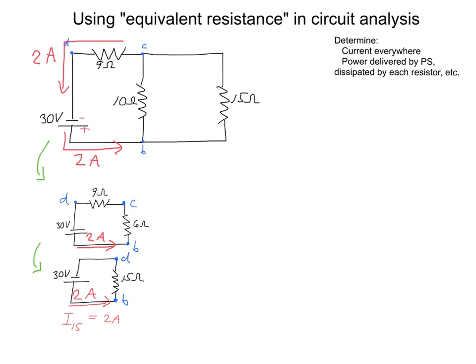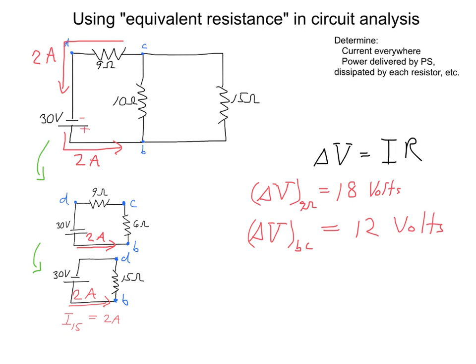That's the loop rule. We know that the voltage drop across the 9 ohm resistor is 2 amps times 9 ohms, which will be 18 volts. And hence this remaining voltage drop between points B and point C, regardless of path, will be 12 volts, so that the loop rule will be satisfied.